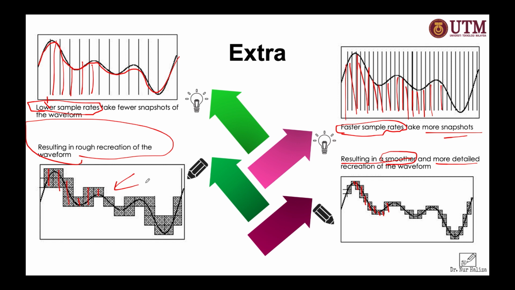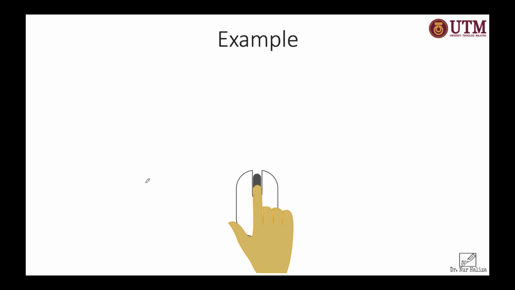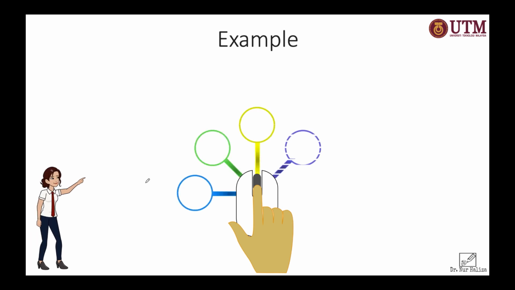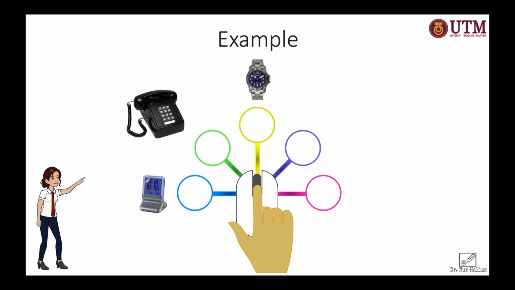So this is just an extra example. Now let's see another example on the devices. I already gave it also in the last video, sorry. So over here I give you 10 examples of devices related to analog and digital. So we have these devices, which is digital, which is analog.